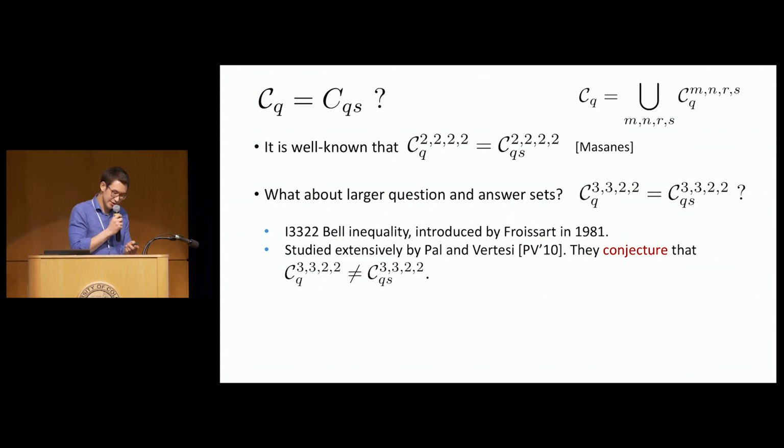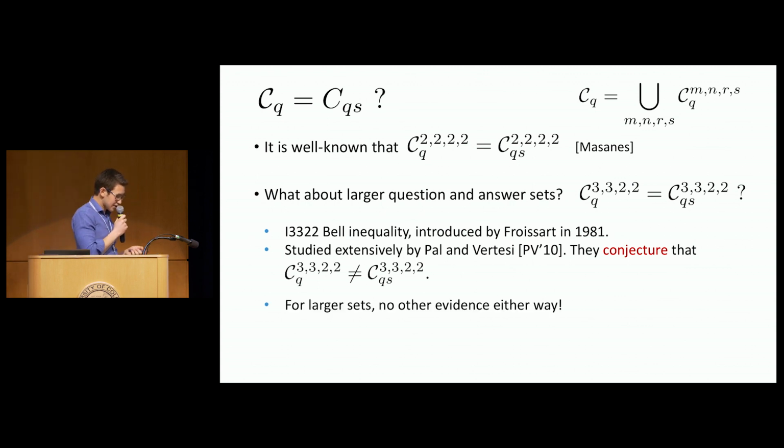But at the same time, it's not clear that their ansatz is optimal, so it could still be that the optimal ansatz does close the gap, and it's finite dimensional, so the two sets could still be equal. So we don't know.